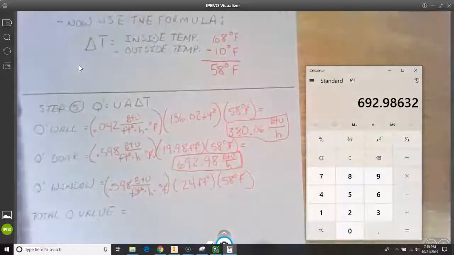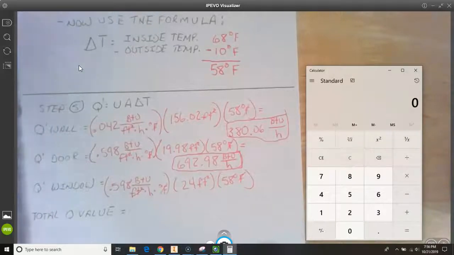So now our Q value for the window, that ends up being, let's do the math on that one.